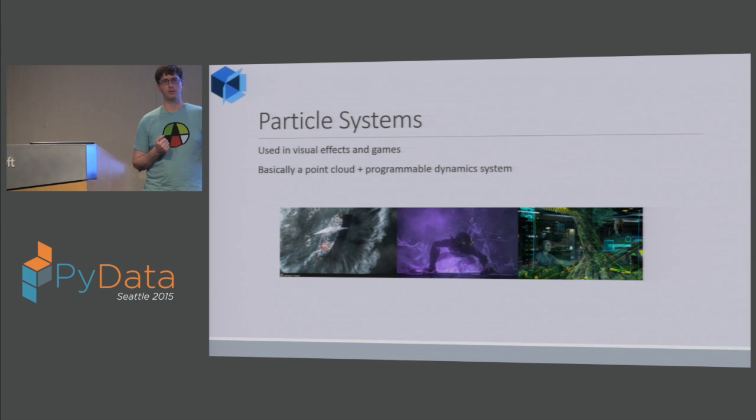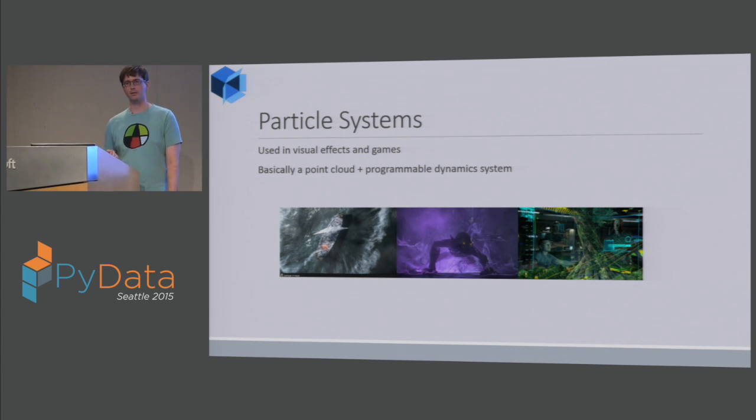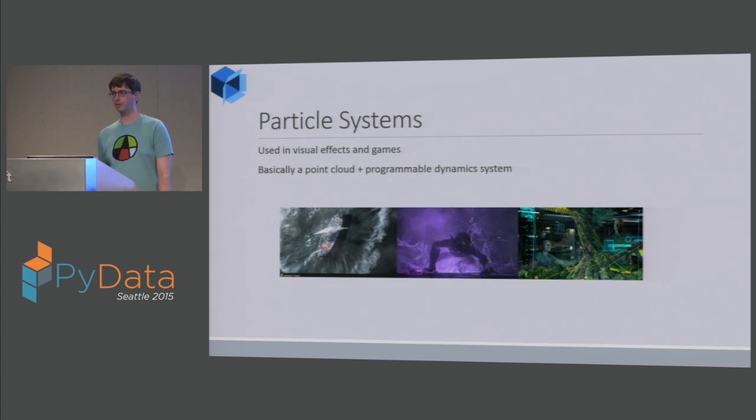Basically, your points might have velocities that depend on neighboring points, or some system that makes them swirl around. It's very common in visual effects and in games. These are a couple of screenshots from products we've created, or from movies that use some products we created for dealing with large volumes of particles.